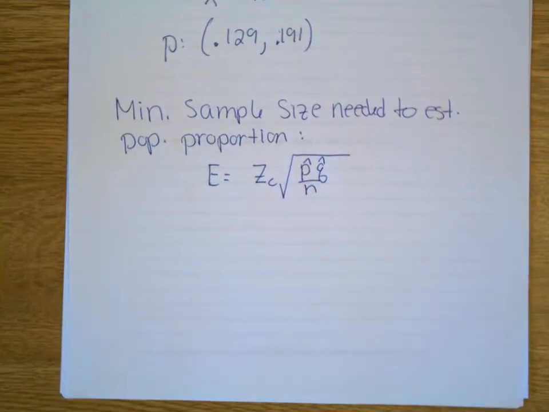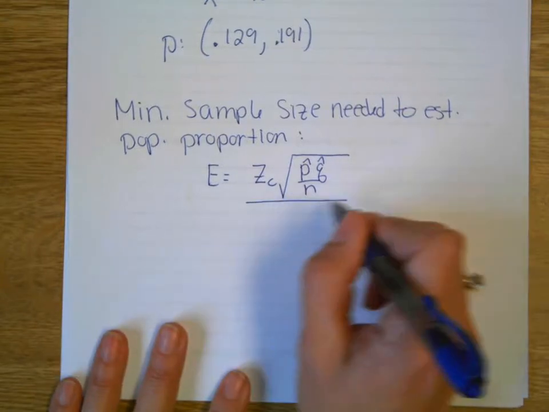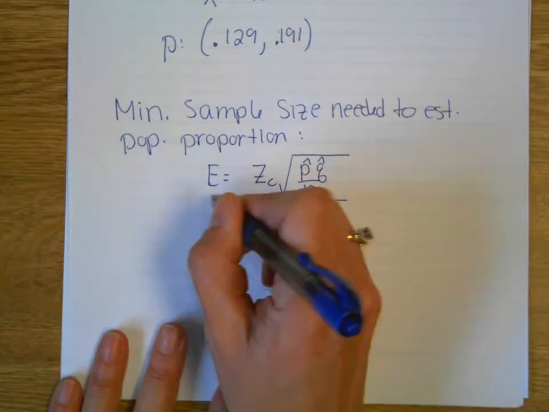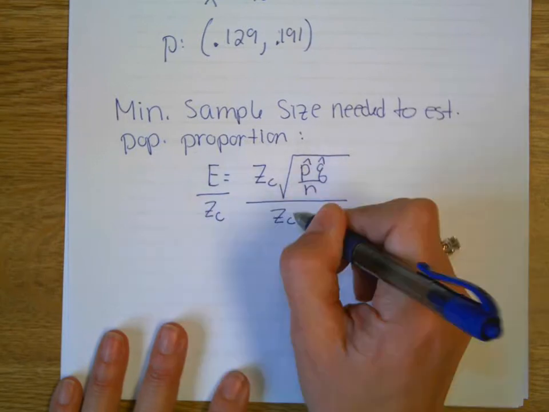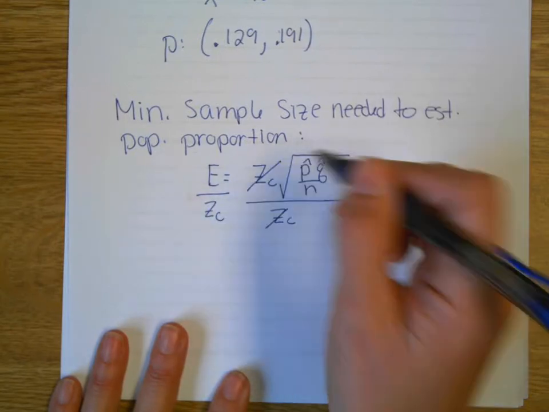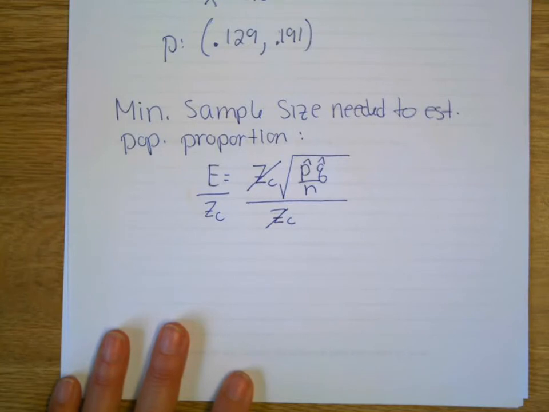All right. Our goal is to solve for N. What are you going to do first algebraically? Move the Z. How would you move the Z? Divide both sides by the Z. Good call. That's gone. Now what would you do?